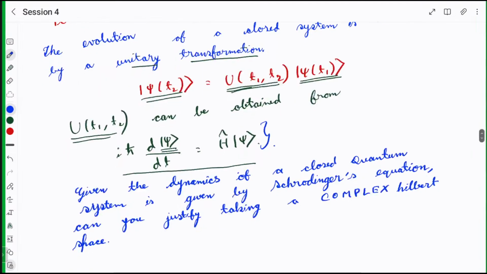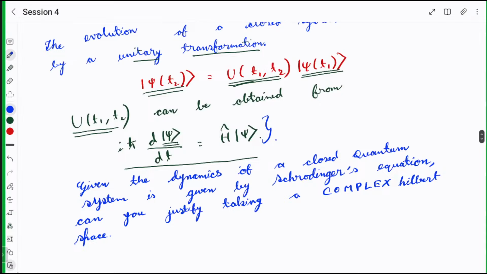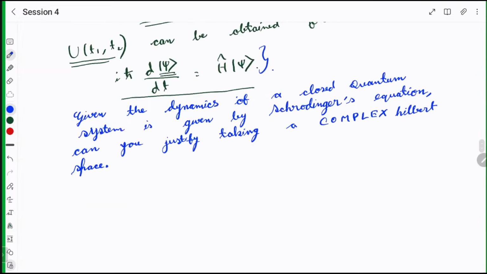Right. So any idea on this question that I had asked in the last class? Basically, what I was trying to ask is, what if my Hilbert space is real, for example?